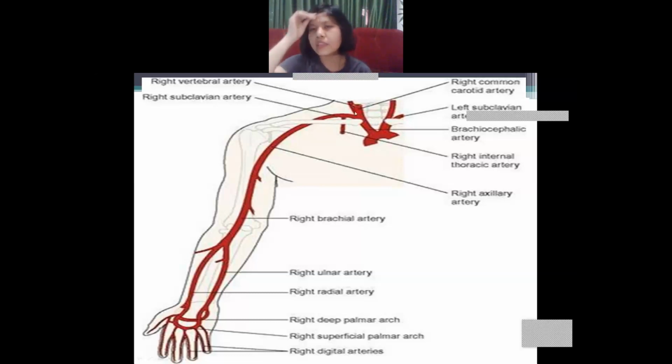The arteries that we find in the upper limb vessel: first, the right vertebral artery, that is up here, and next comes the carotid artery. Understand? The vertebral artery is just next to the carotid artery at the backside, where your vertebral column is.